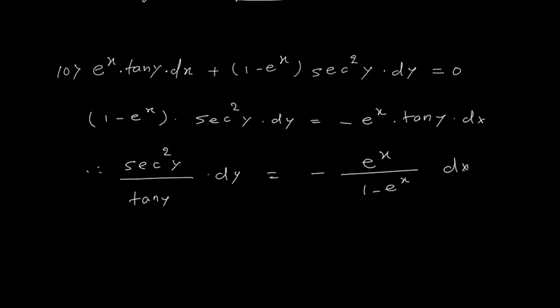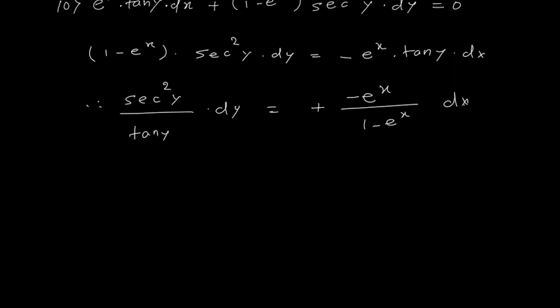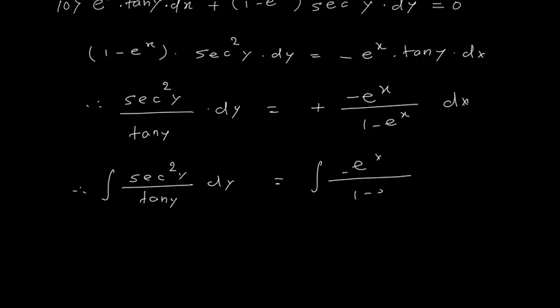So here this I can say as minus e power x. I will write like this, so that they are in proper form. So therefore integration of sec square y upon tan y is equal to integration of minus e power x upon 1 minus e power x dx.